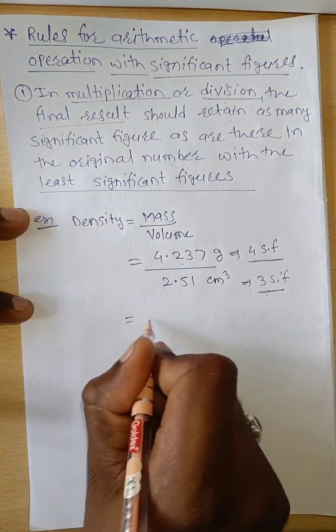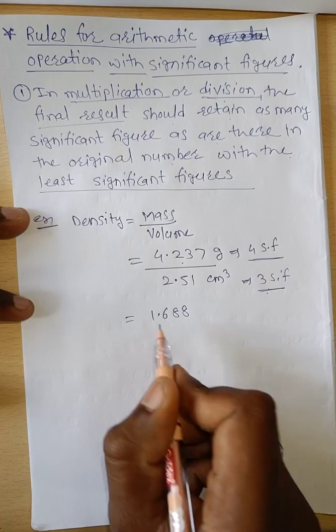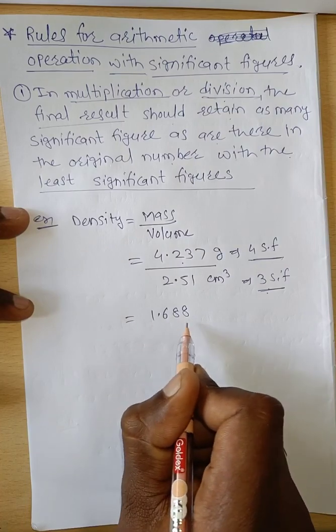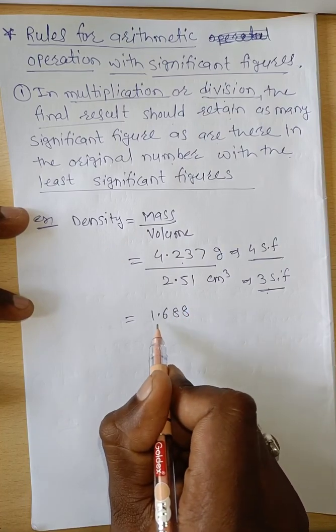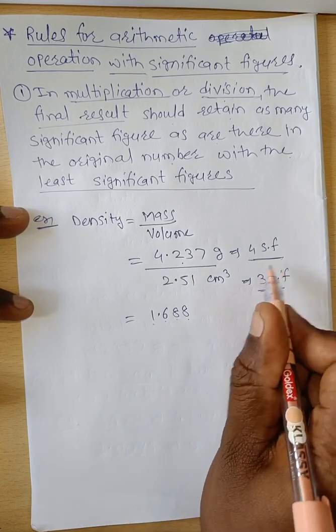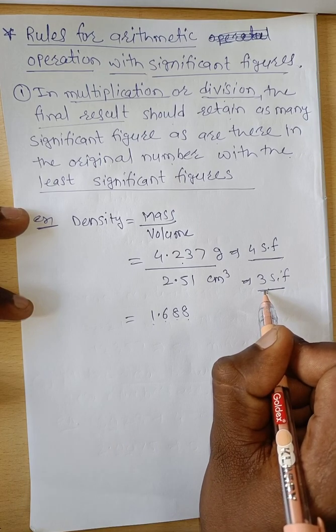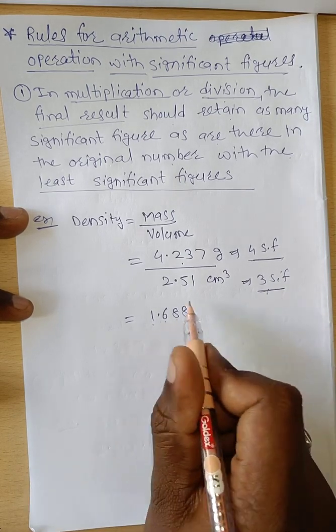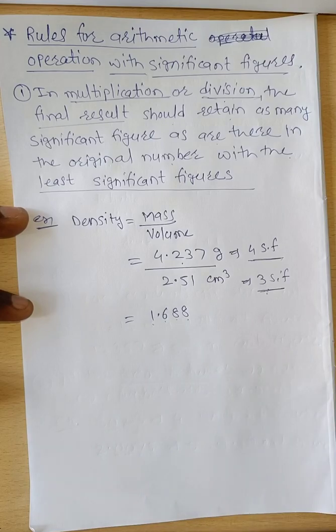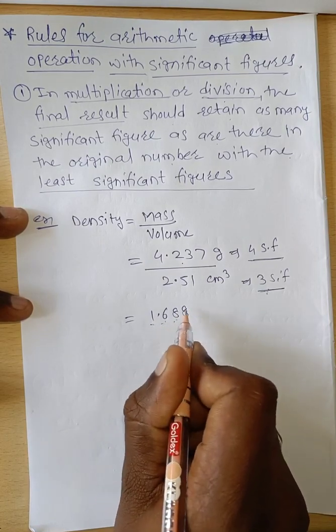Now our answer is 1.688. But this has 4 significant figures: 1, 2, 3, 4. Our answer should be in 3 significant figures. Therefore we have to convert this number into 3 significant figures. Now this is first, second, third. Now we have to round off the last digit.